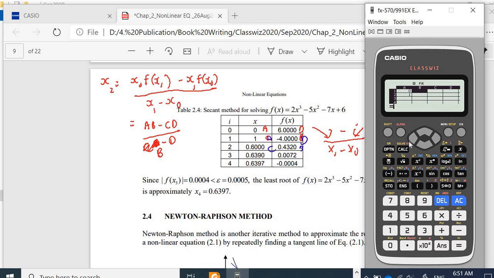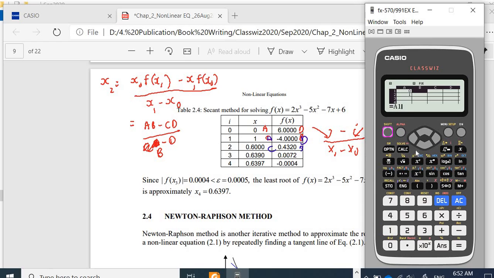The x is stored in cell A1, so we have to refer to the location where x is stored. So I need to key in A, which is a red color, so alpha A1.